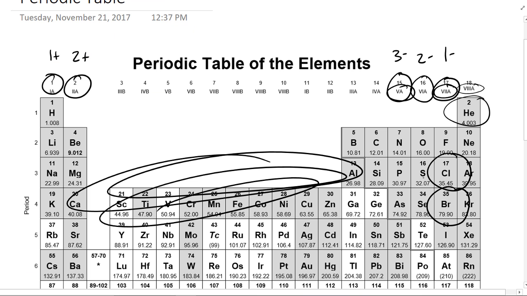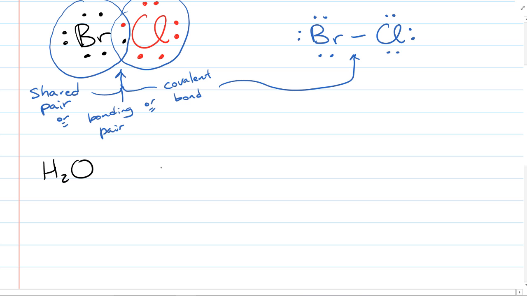And oxygen here has how many valence electrons? 6. Hydrogen here has 1 valence electron. So if oxygen has 6 valence electrons, which we can put in as 1, 2, 3, 4, 5, 6, we can then place the hydrogens in here like this, hydrogen and hydrogen, showing where that pair of electrons is shared.